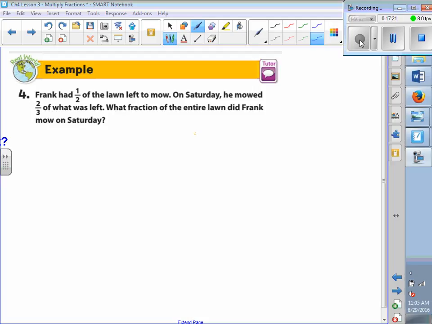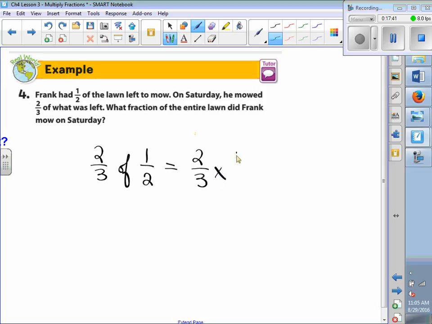And what do we say of means? Multiply. Very good. So he mowed 2/3 of 1/2. Okay? And then we said that of means multiply, right? So we have 2/3 times 1/2.